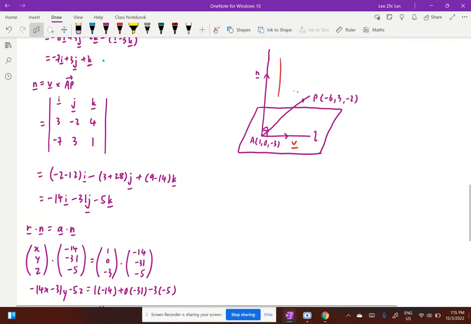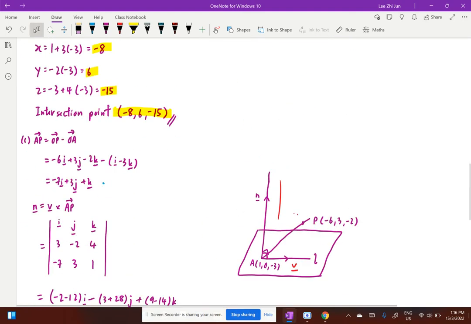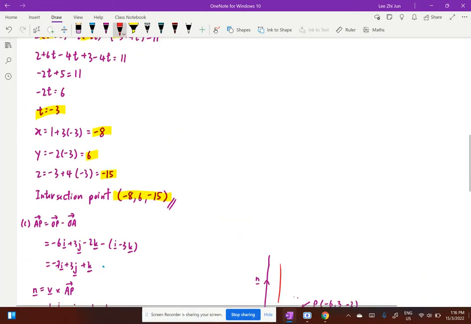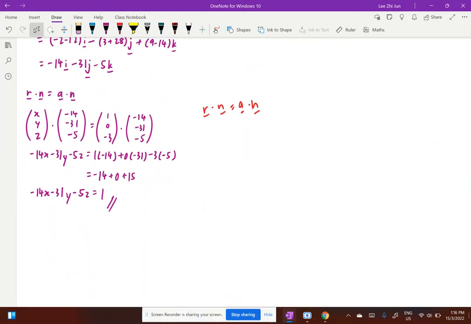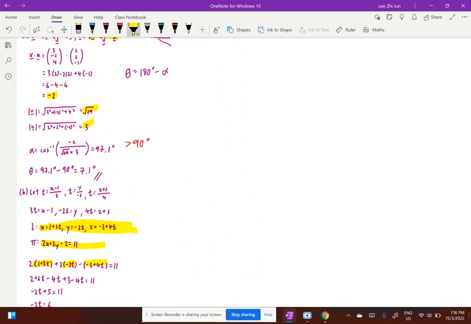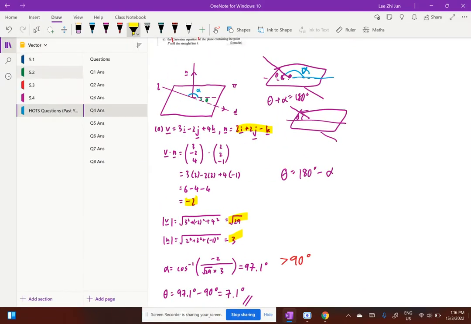So in order to find the equation of the plane, I use r dot n equals a dot n. Because it asks for the Cartesian form, I get negative 14x minus 31y minus 5z equals 1. The B and C is basic. It's just a little bit tricky about the A.